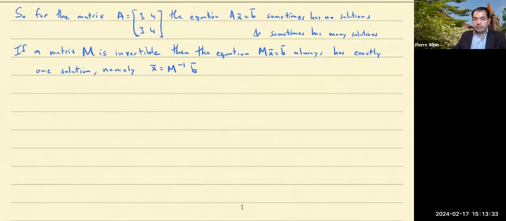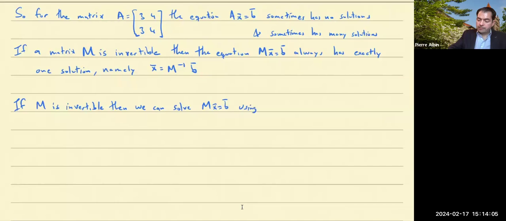Okay. So one way of finding the solution in the case that M is invertible, then we can solve Mx equals b using Cramer's rule.